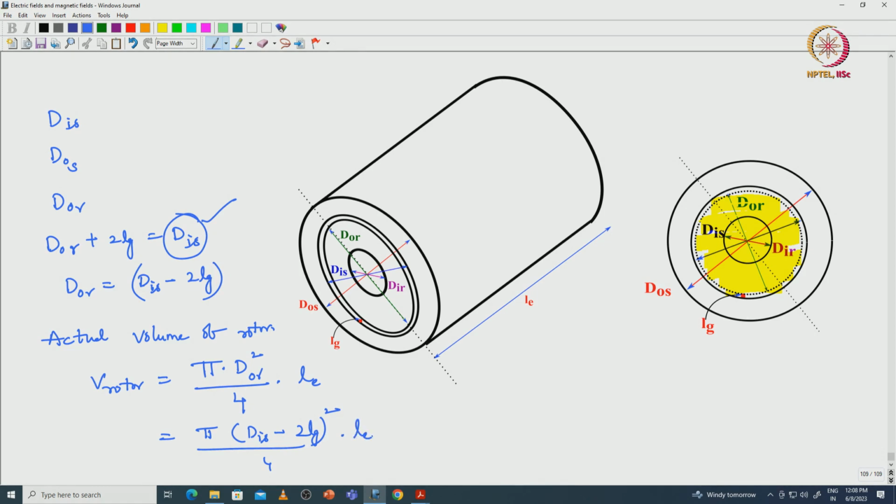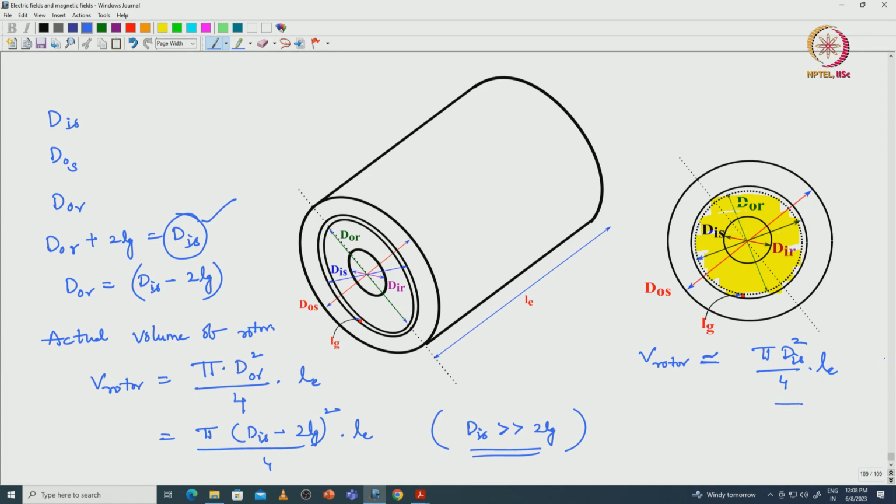Compared to Dis, the inner diameter of the stator, the air gap length is very small, right. So, neglect the air gap length, then the volume of the rotor is approximately equal to pi Dis square by 4 into length. This is the volume equation.